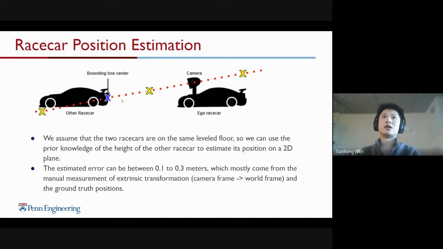The estimated error currently can be anywhere between 0.1 to 0.3 meters in y and x, but that error mostly comes from the manual measurement of the extrinsic transformations that we use to transform the point to the world frame, and the ground truth position, which we also measure by hand currently.